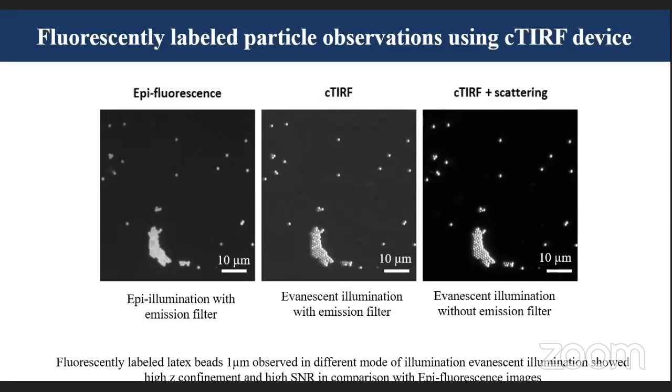Each edge can be visible, so the resolution enhances. And I have also removed the emission filter, because it was not needed, since the illumination was perpendicular to the observation optics. So you can see that the signal to noise ratio enhanced significantly when I collected the scattered waves as well.